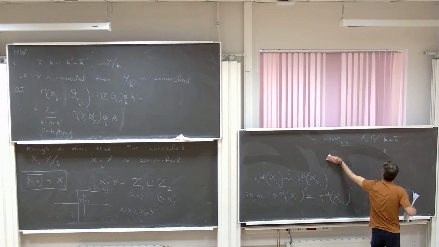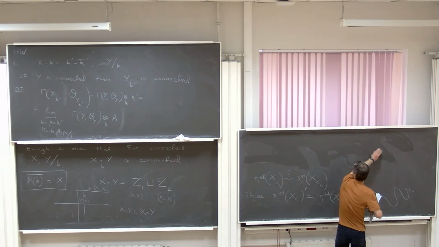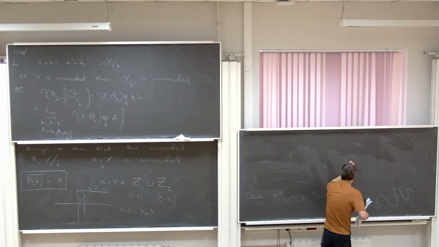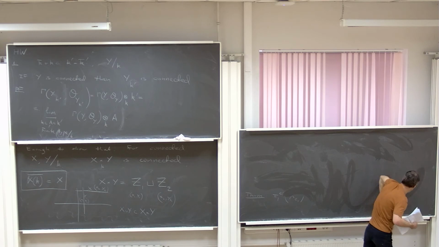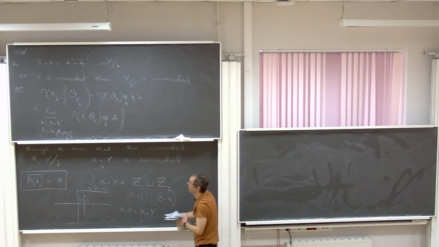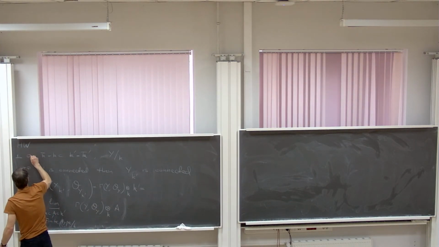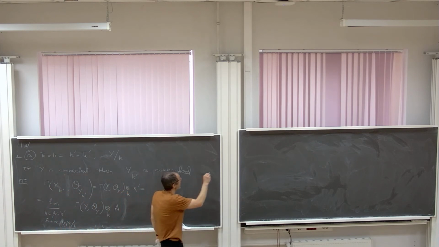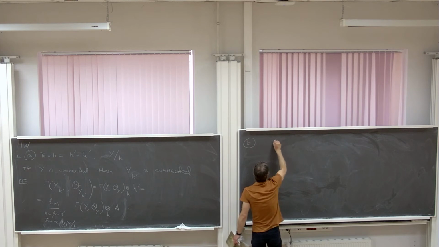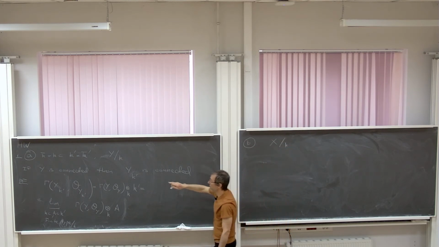Now, the next assertion is that, so let's say this will be A, and this will be B. So now I fix some X over K. Still, I'm in this setting.